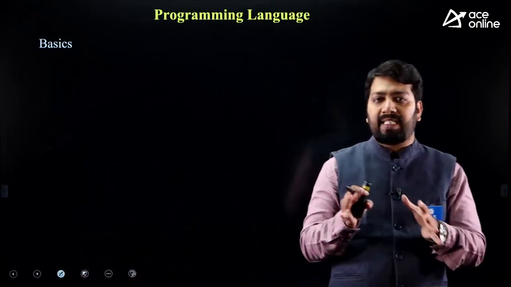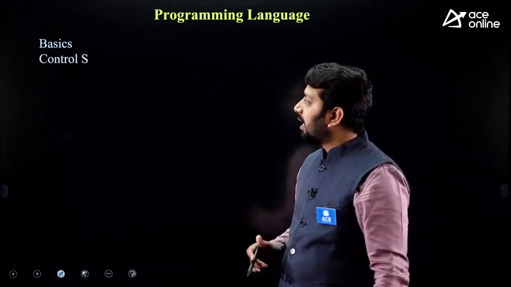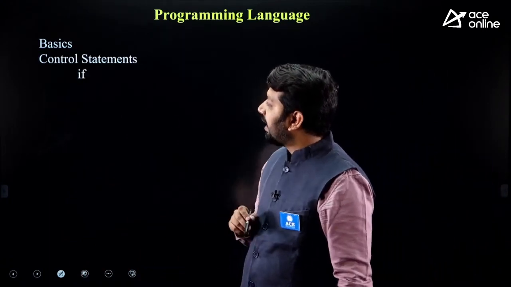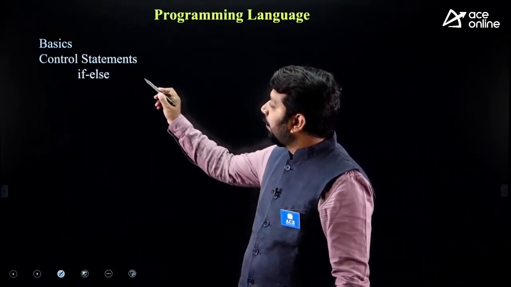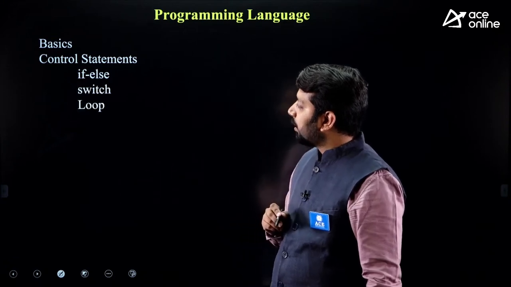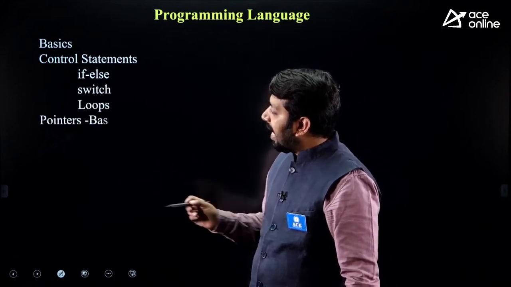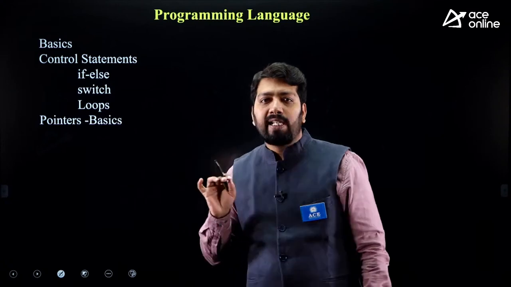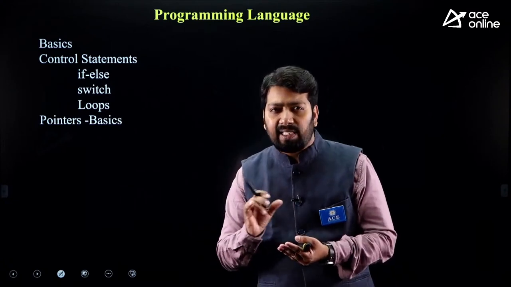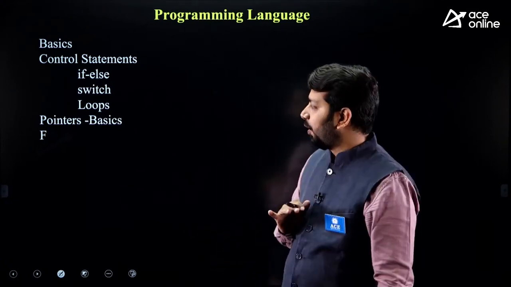So these are the expectations in the basics. After that, we have control statements. In control statements, we study if else, switch, loops. And then pointers. For pointers, they ask very basic questions, not in depth.